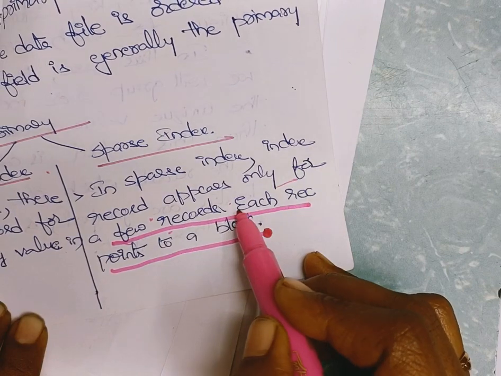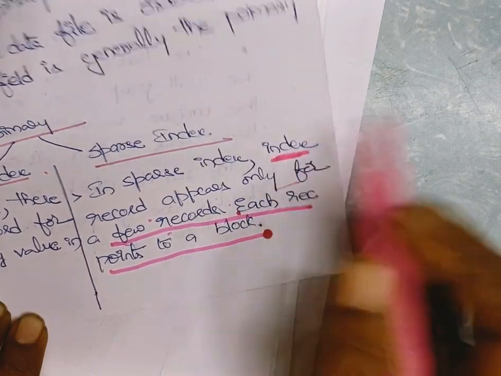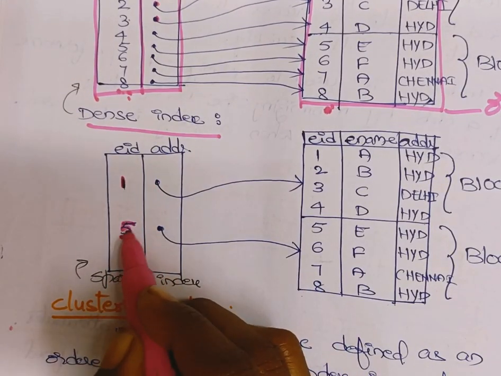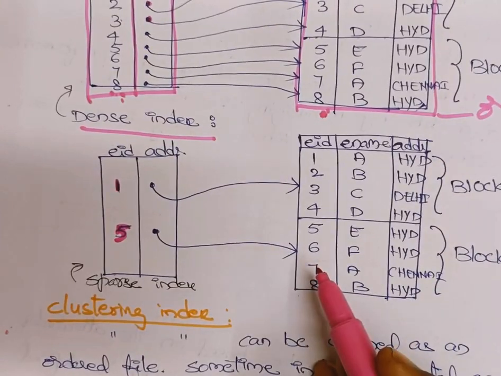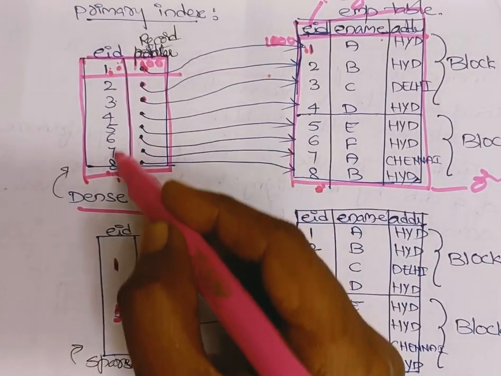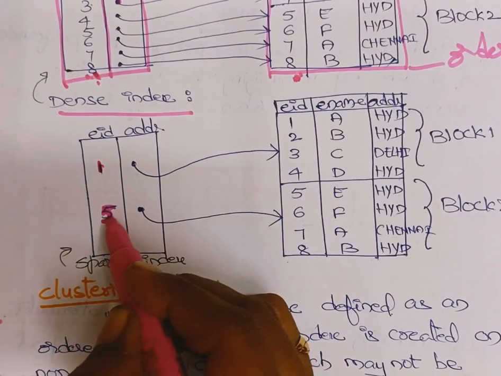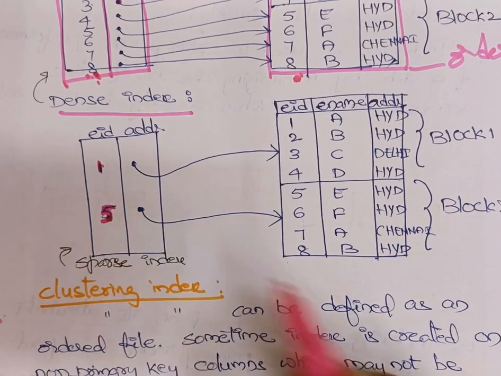Only for a few records does it maintain an index, not for every record. In dense, for every record we maintain an index table. Here only for a few records we maintain an index.